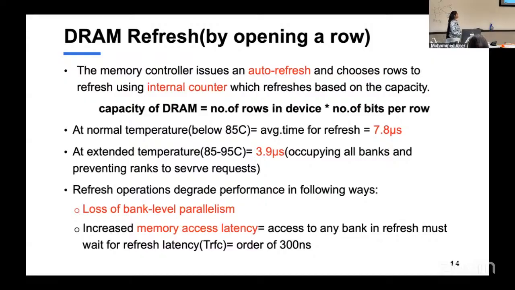That is nothing but access to any bank in refresh must wait for refresh latency. When a request comes while the refresh is happening, it needs to wait until the refresh is done and the charge has been refreshed. So that time is called refresh latency, which is on the order of 300 nanoseconds.